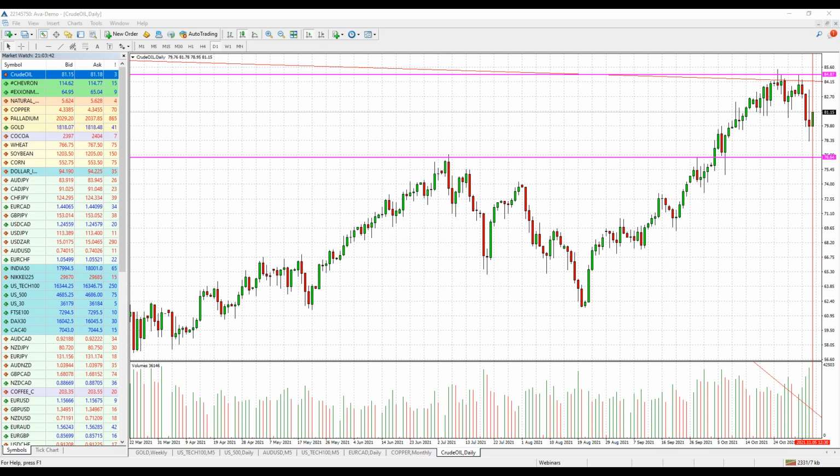So let's just look at the big picture first and see what happened last week. We had the FOMC meeting. There were no changes as far as the interest rate. And as was expected and already priced into the market, Powell announced that starting now in November, somewhere in mid-November, they will start cutting on quantitative easing.